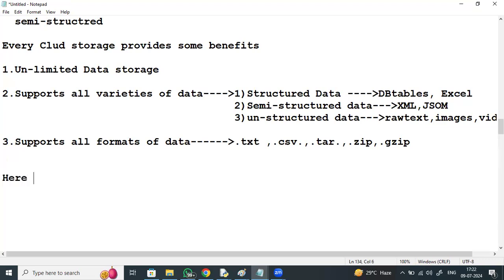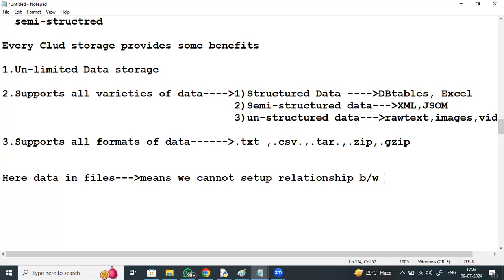Here, data in files. If data is in files, we cannot set up relationships between the files.